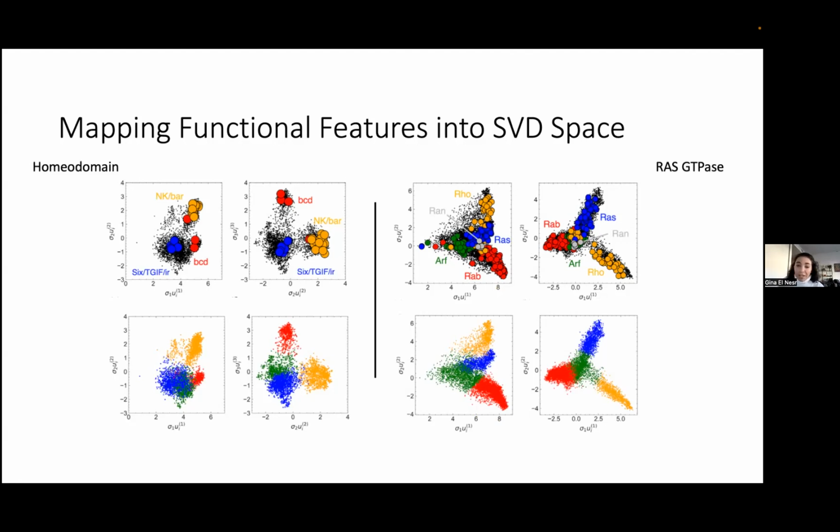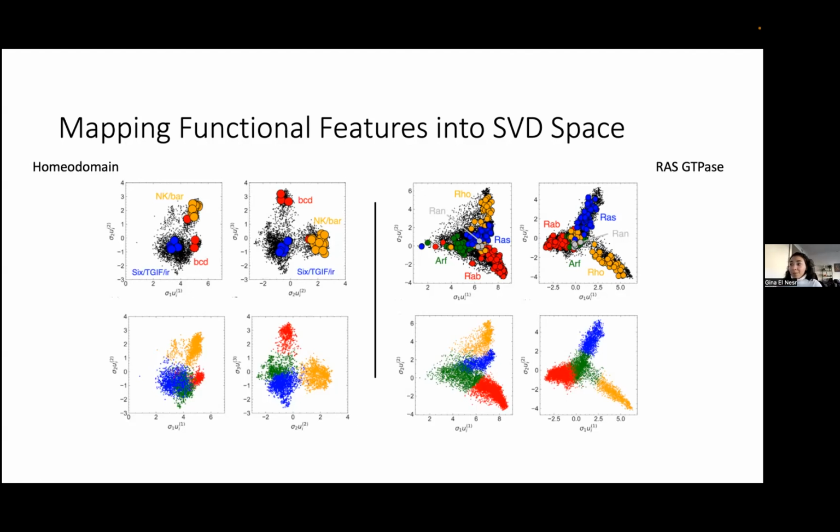We projected those sequences for homeodomain from each of the groups into the different clusters. One of the interesting things that came out is that three of those subfamilies, 6, TGIF, and IR, all clustered into that blue cluster for homeodomain. And those are all types of functional homeodomains that people consider atypical.